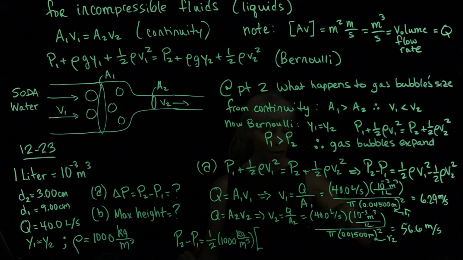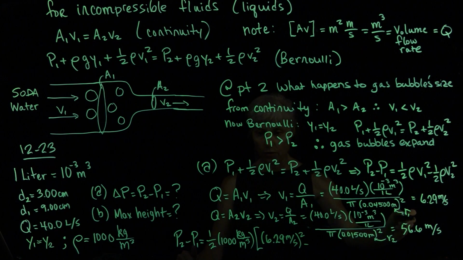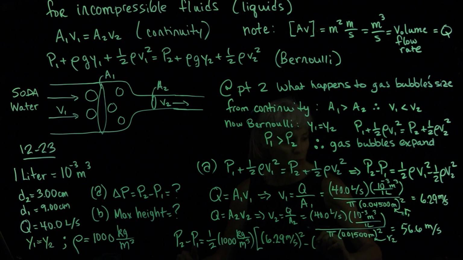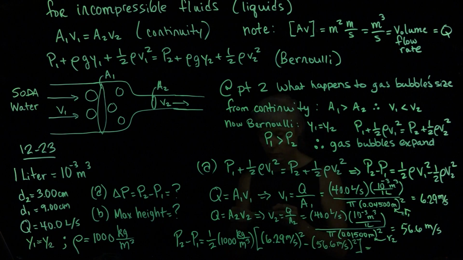So V1 is our 6.29 meters per second. We're going to square that, and now we're going to subtract our V2, and that's going to be the 56.6 meters per second, and we're going to square that, close parentheses.